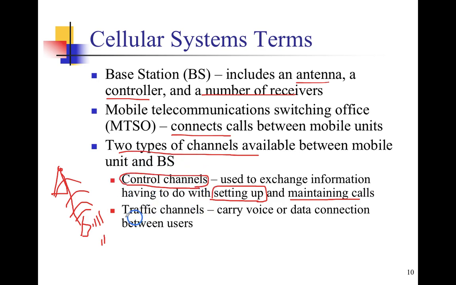After the control channel, once you establish the connection, you have traffic channels. Traffic channels carry voice or data connections between users. If you remember in your datacom, this is what we call connection oriented.